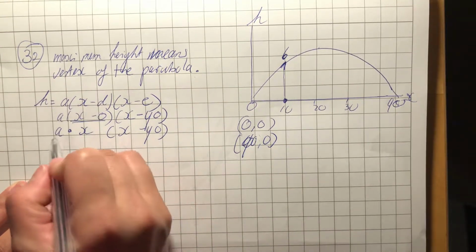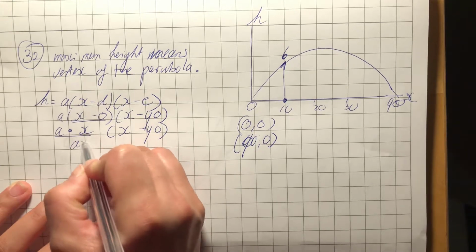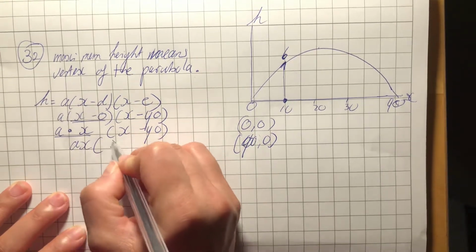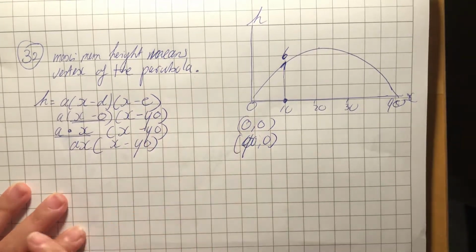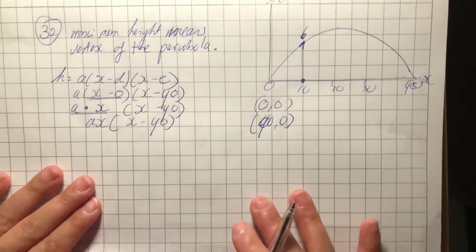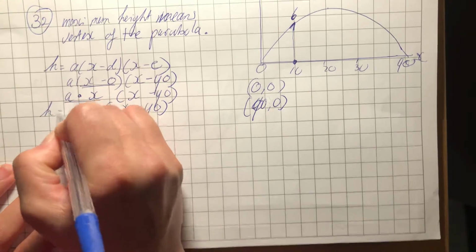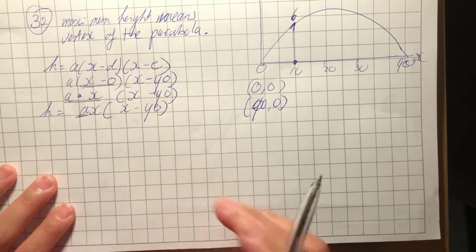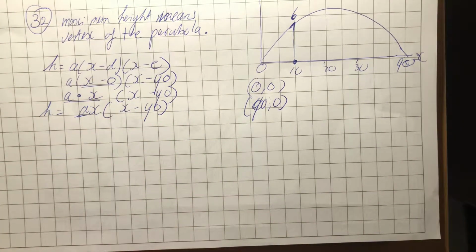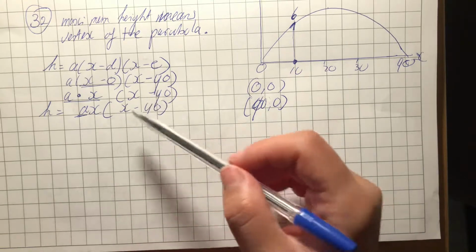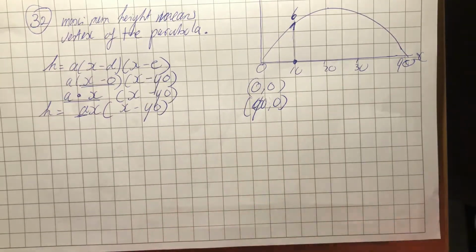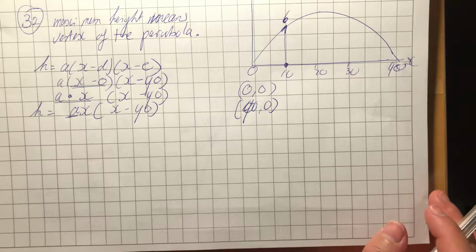A times x, we can write it as ax, opening brackets, x minus 40. All right, so it's going to look like this. The only thing we are missing is the a, because if we have a, then we actually know the formula that belongs to this parabola, and then we can continue a little bit more.